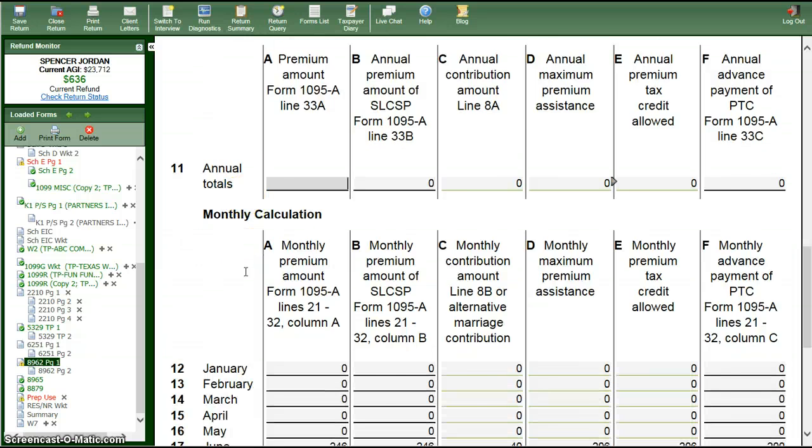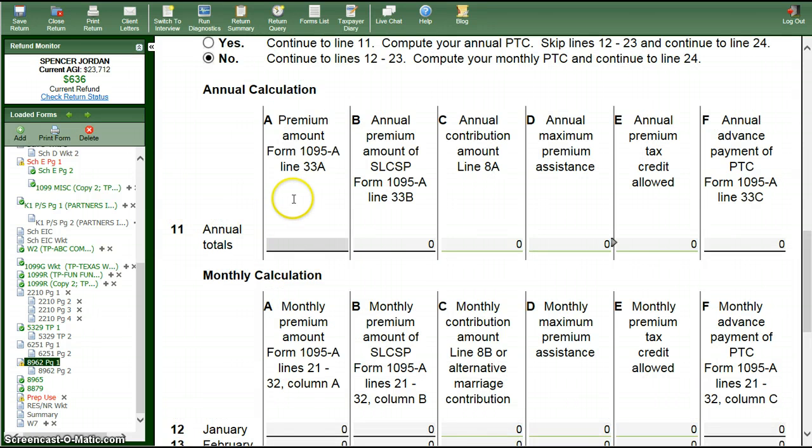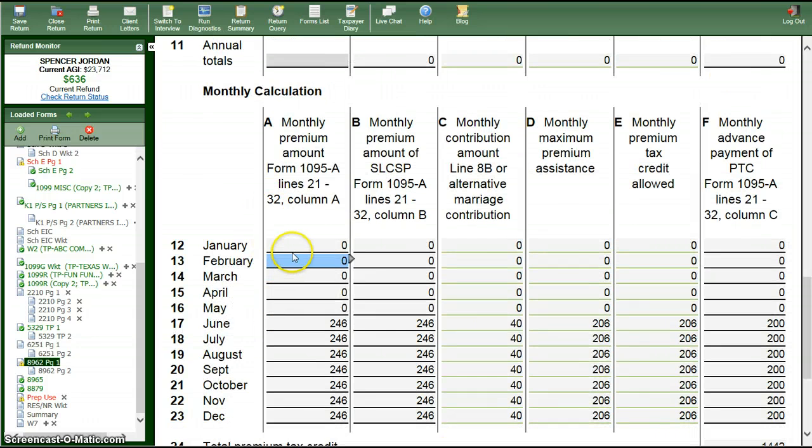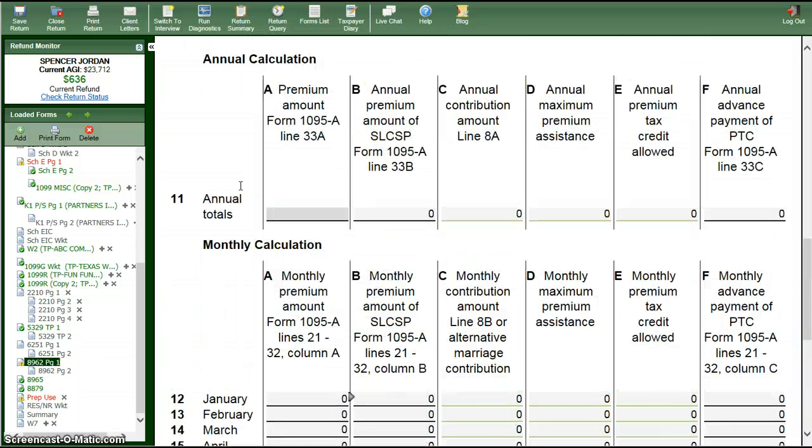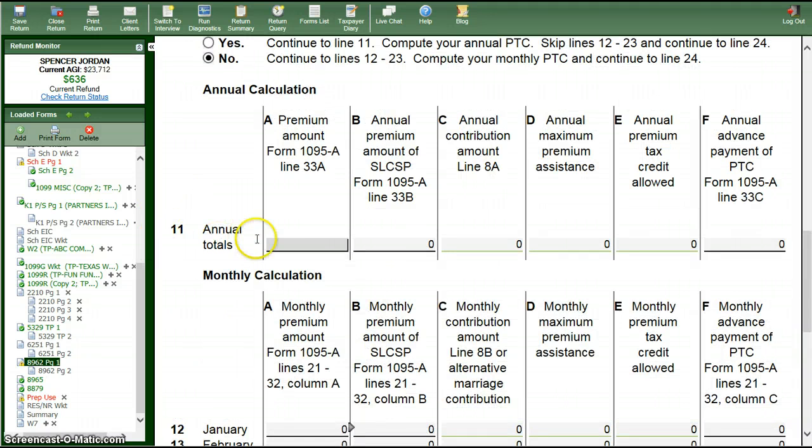Another common issue we're seeing is that people will fill in the annual amount and then come down here and fill in the monthly amounts. That also is incorrect, will cause a reject. So just to reiterate, the only time you're going to fill in amounts here on line 11 is if your 1095A has the lines filled in for all the months, January through December, and all the fields are the same on each line.